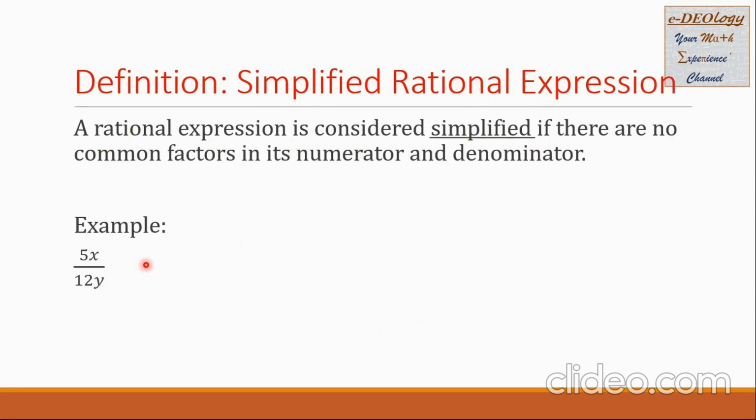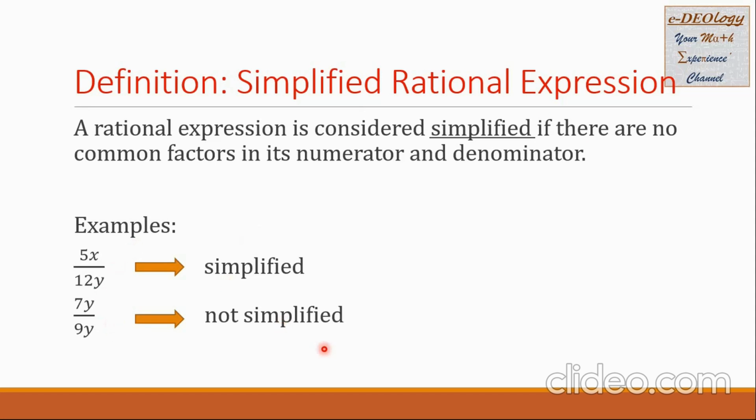Example, 5x over 12y is simplified because there is no common factor in the numerator and in the denominator. Another example is 7y over 9y. This rational expression is not simplified because of the variable y that is common to the numerator and in the denominator.